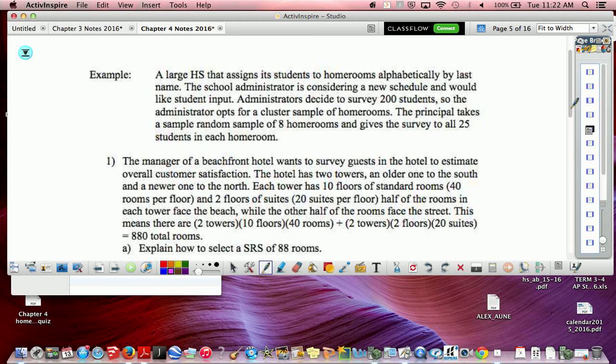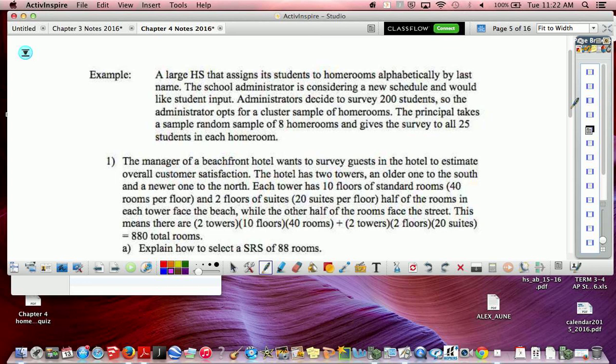So this means that with the 2 towers, each having 10 floors with 40 rooms, plus 2 floors with 20 suites, there's a total of 880 rooms. In question A it says, explain how to select a simple random sample of 88 rooms.